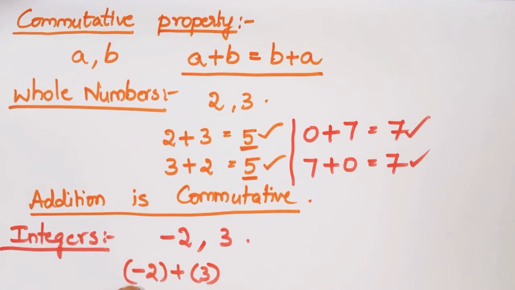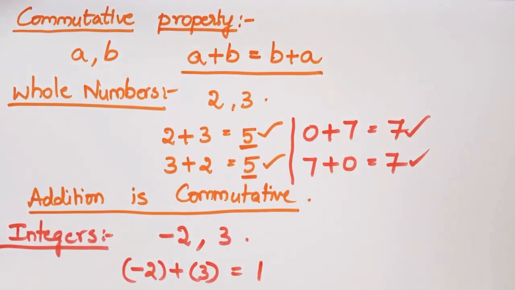So firstly I have done A plus B. See, as they differ in sign, I will get my answer as 1, because out of 2 and 3, 3 is bigger. I need to give the sign plus to my answer. So I got just 1, that is plus 1. Whenever I just write 1, that means it is plus 1.